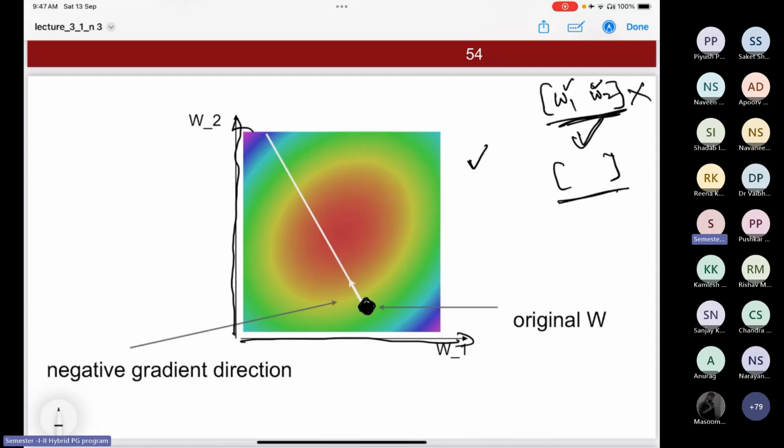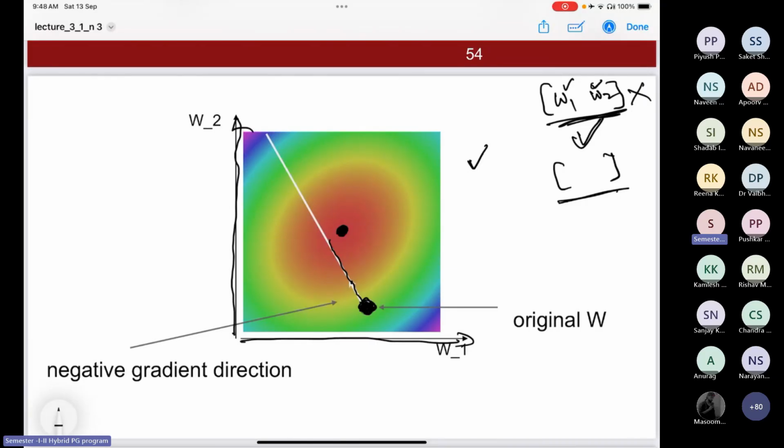Now you have to move in such a way that you reach here, because this is the minimum point, the red color. You start from here, you will be moving, and finally you have to reach here. That's the goal. I'm just showing you the visual representation of how it is happening.